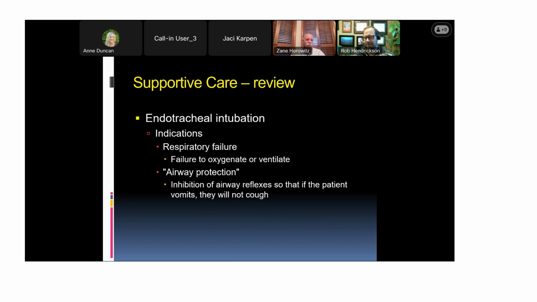So I say controversial because this is probably the primary reason why people get intubated, but there's a recent paper suggesting that we might be able to not intubate as many people as we have in the past.